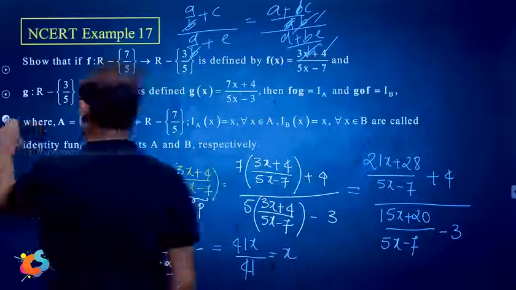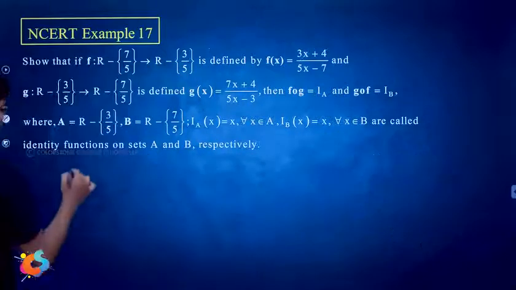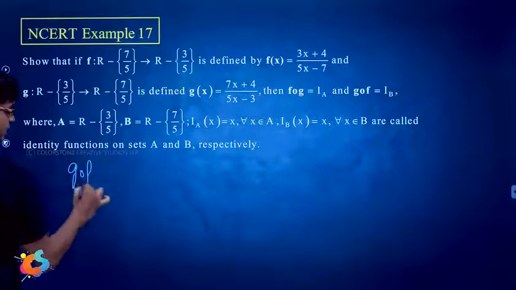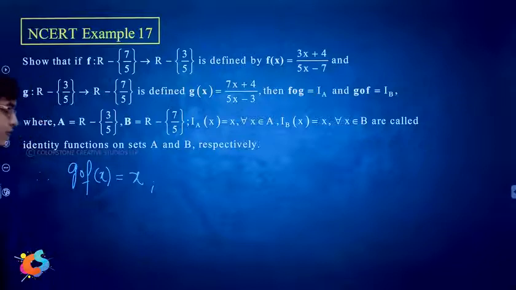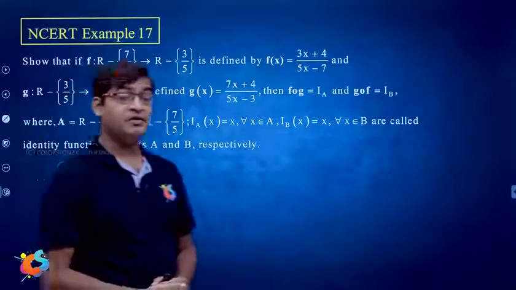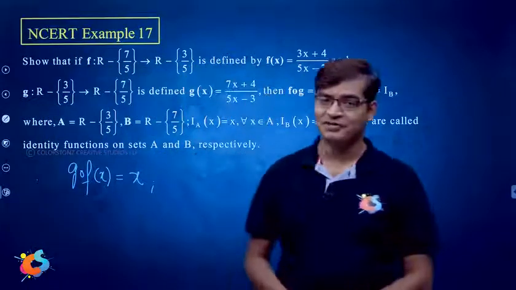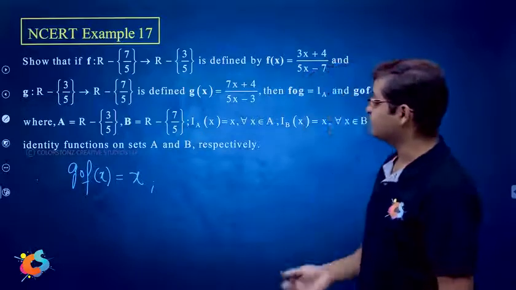So let us write the conclusion part. G circle f of x, therefore, we found this, and this is equal to x. Of course, this x has to come from the domain of the inside function, and the inside function is f.